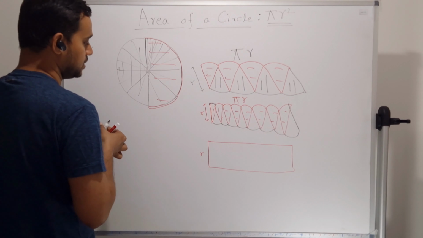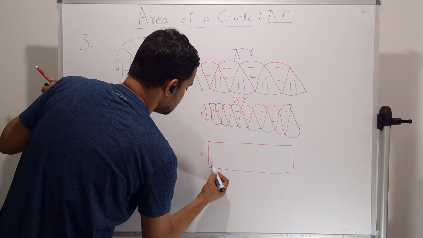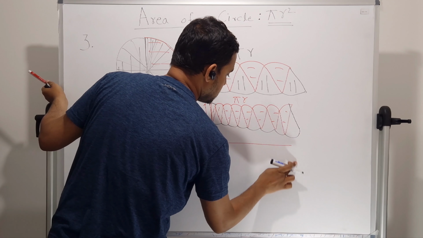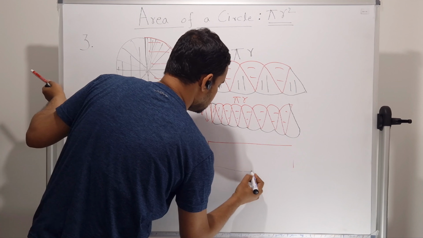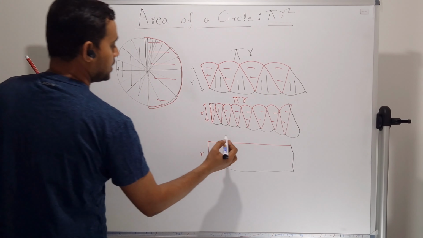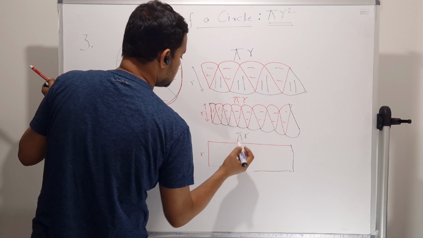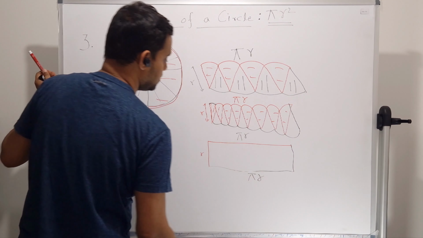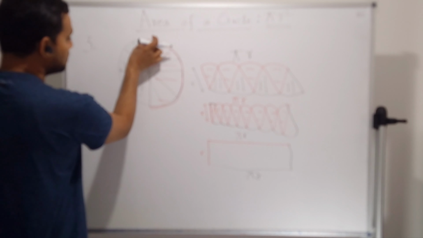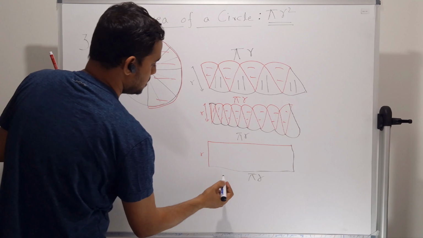Actually, this is the black part; the upper part was red. This part is black, based on how it's split. And this length will still be pi r, same as this pi r, right? Because all we have done is take these slices and break them into many small pieces.